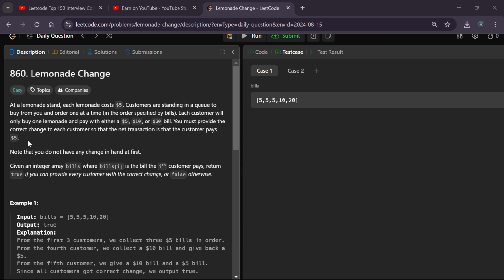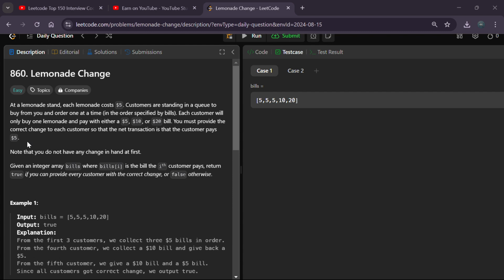Suppose customer A wants to buy a lemonade and gives a $10 bill. By collecting the $10 bill, you give the lemonade, which costs $5, right? So the customer is waiting for the remaining change of $5, and we have to provide the $5 to the customer.